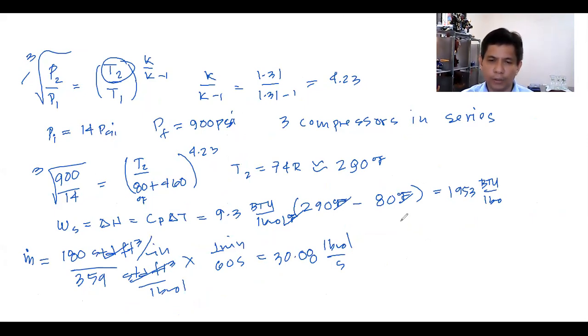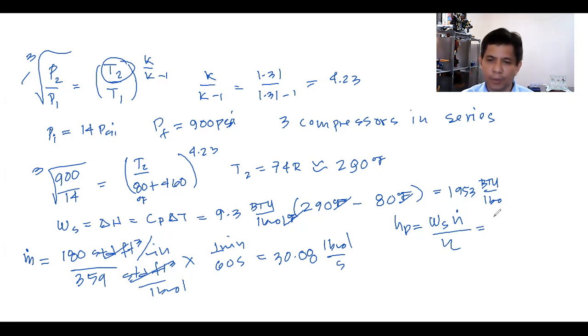So to calculate the horsepower, this is simply WS. And actually, this is not m dot, this is n dot, that's fine too. Then divided by the efficiency. Just substitute everything.